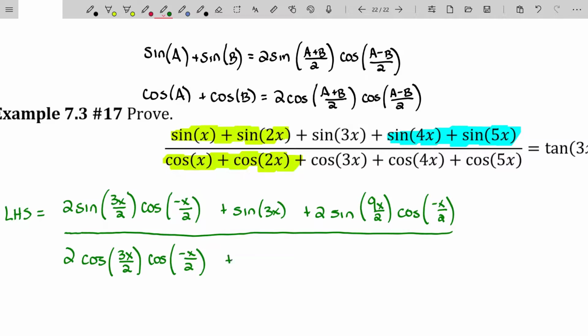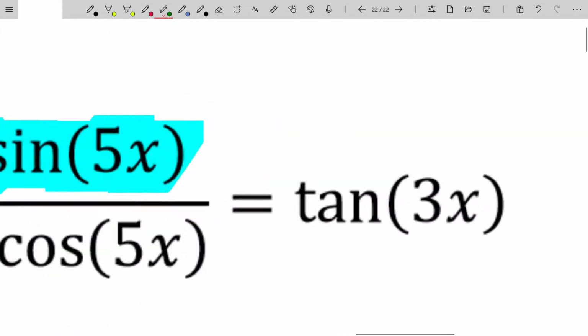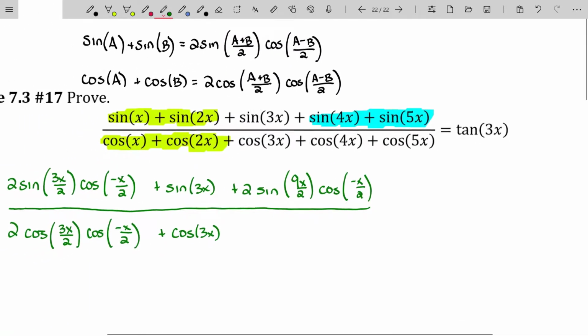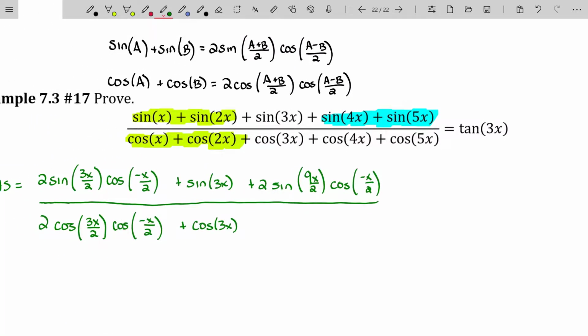I will again just rewrite that cosine of 3x in the center. And my choice to do that is because we want to end with a tangent of 3x. So I'm hoping that all of our terms have an angle of 3x in common when we're done.